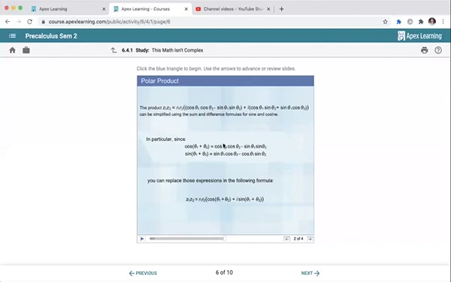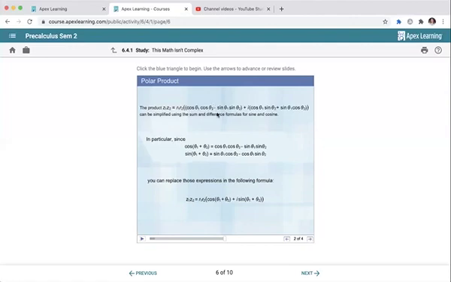And remember back to our trig functions like cosine of 2 theta, this is very similar. Same thing with sine, it's like sine of 2 theta.